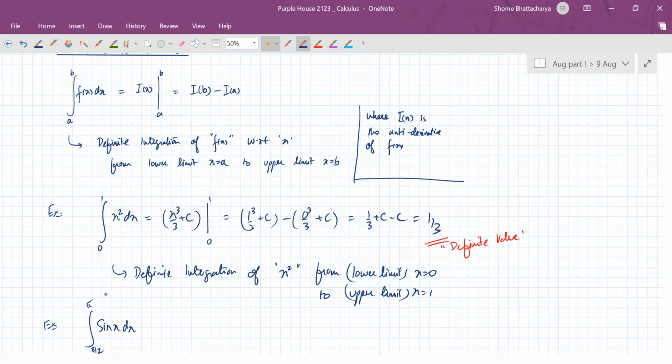Sir, so here we will get a set of values of x, right?